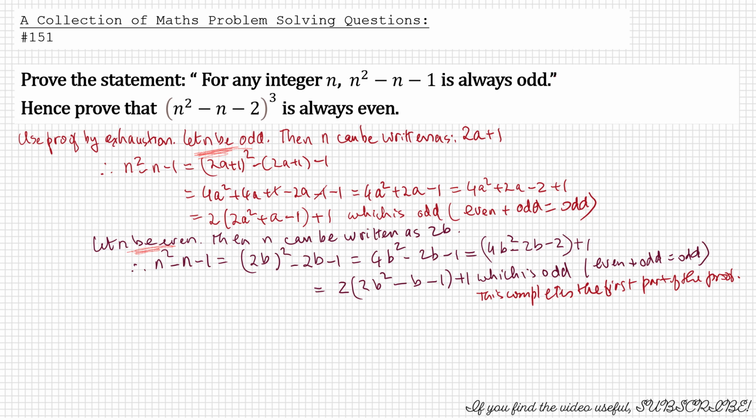You see, n square, I use a different color. So then I can say n square minus n minus 2 can be written as n square minus n minus 1 and minus 1. So we've already proven that n square minus n minus 1 is always odd.